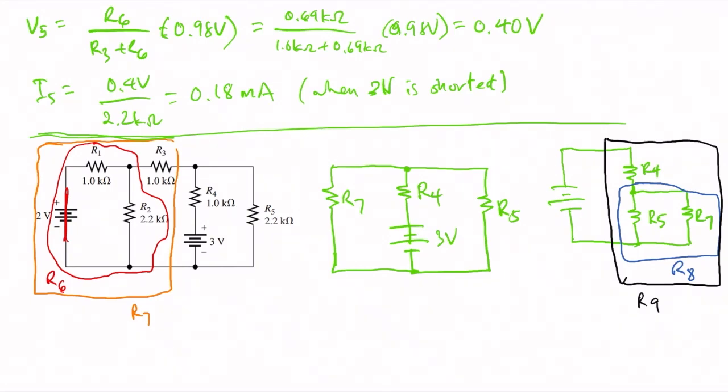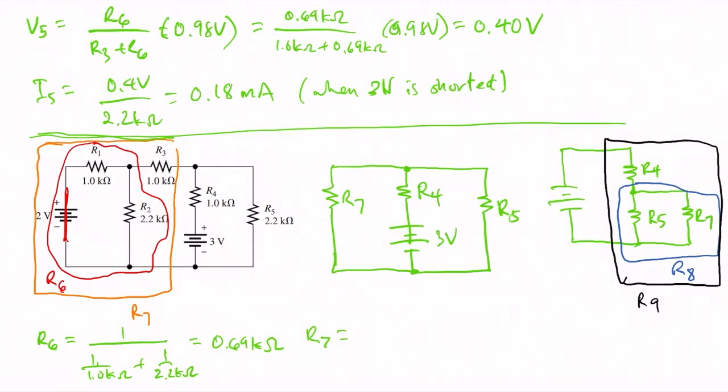The first thing we need to solve is R6. So R6 will be equal to 1 over 1 kilo ohm plus 1 over 2.2 kilo ohms. And that will give us 0.69 kilo ohms.